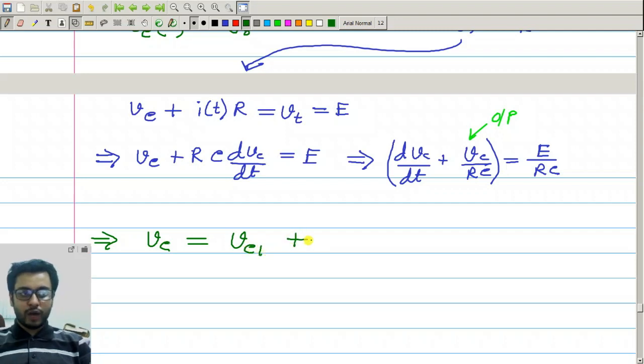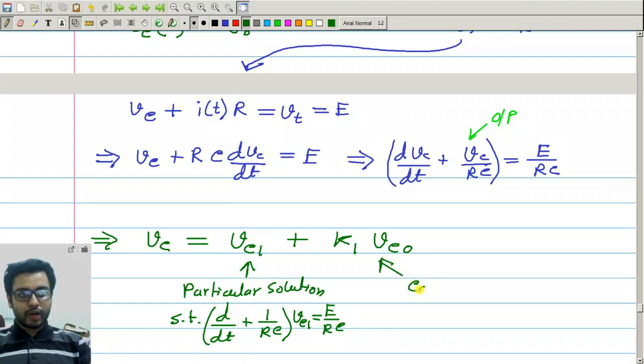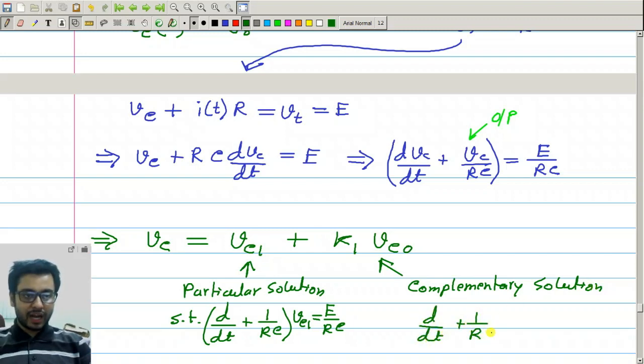Call it Vc1 plus K1 Vc0, where Vc1 will be a particular solution which satisfies the given differential equation (d/dt plus 1 by RC) of Vc1 is equal to the input, and this Vc0 will be a complementary solution that satisfies (d/dt plus 1 by RC) acting on Vc0 is equal to 0.